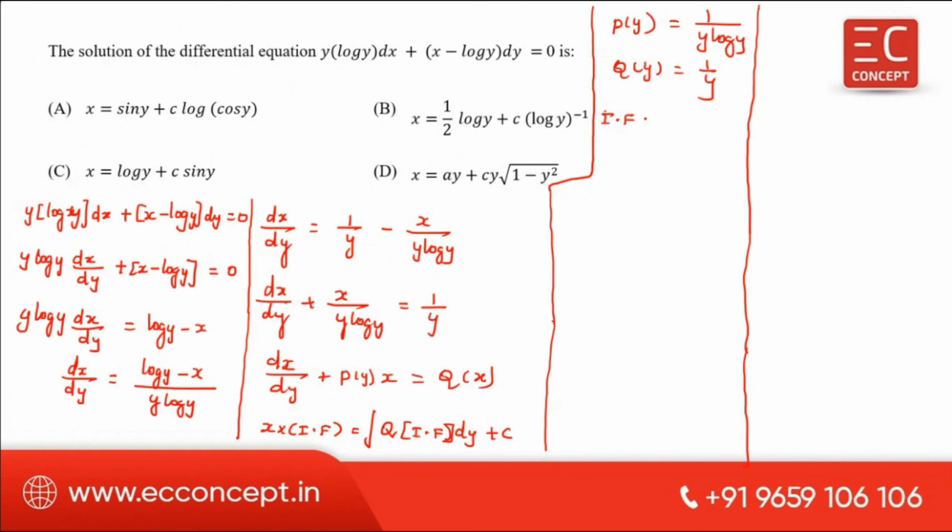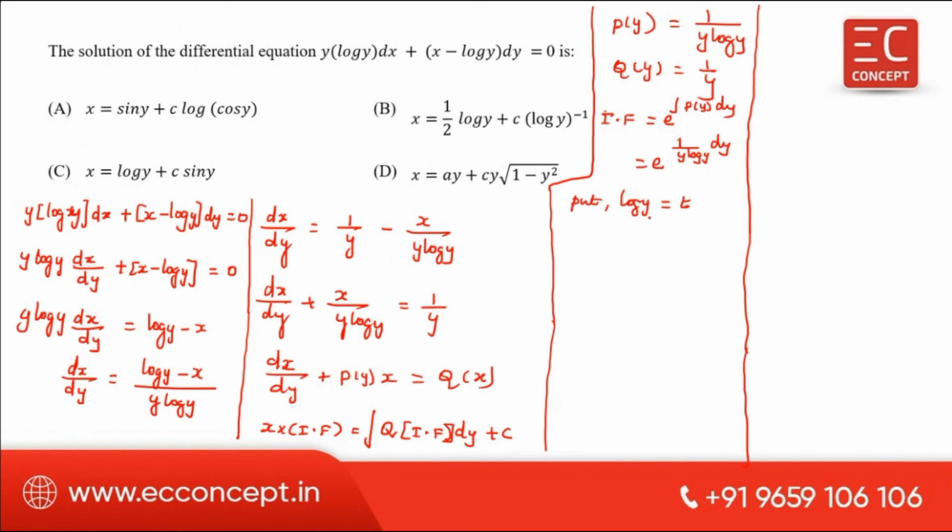Okay, so the integrating factor that we are going to calculate is equal to e power integral p of y dy. So what is p of y? That is the integral of 1 divided by y log y into dy. Now put log y equal to t.